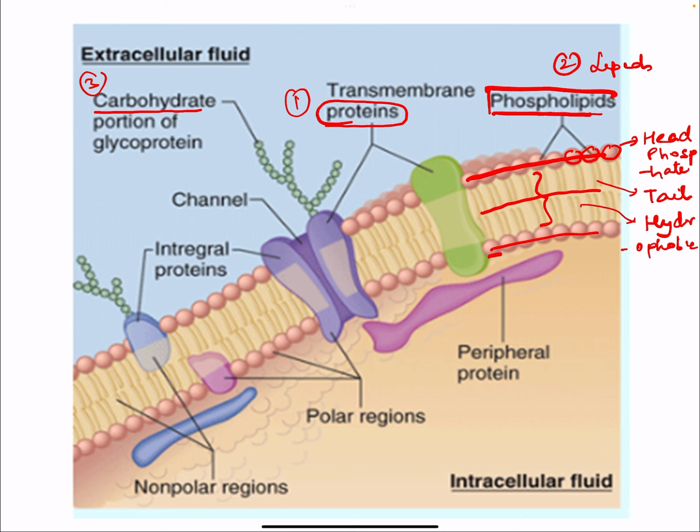And the peripheral part of this phospholipid, which is made up of the phosphate group, is hydrophilic, that is, water loving. So the central part is hydrophobic and the peripheral part is hydrophilic. This cell membrane is made up of two layers of phospholipid.